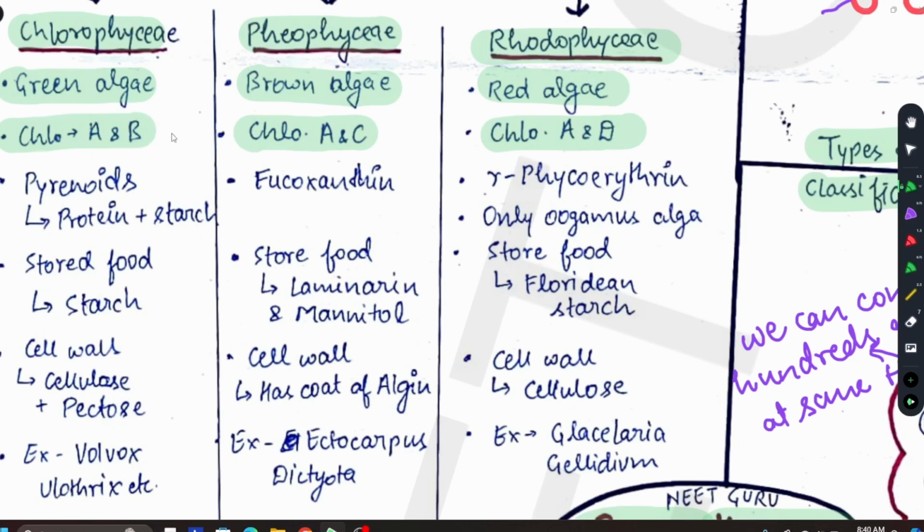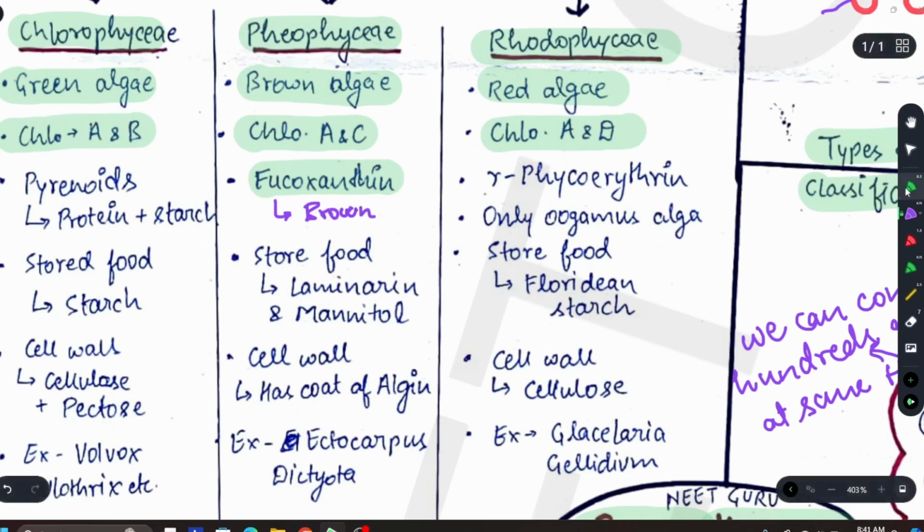Apart from chlorophyll, Chlorophyceae only have chlorophyll A and B, but Phaeophyceae have fucoxanthin pigment also. This fucoxanthin is the pigment responsible for giving brown color to the algae. Similarly, in Rhodophyceae there is one more pigment, R-phycoerythrin, and this is the pigment which gives red color to the Rhodophyceae.